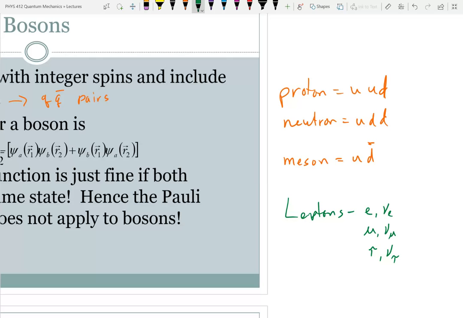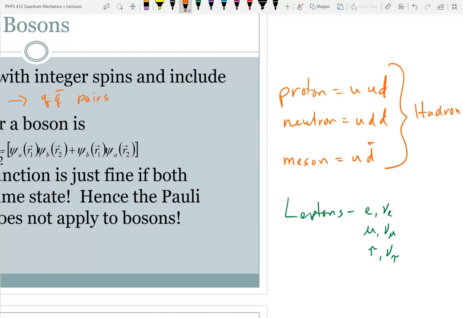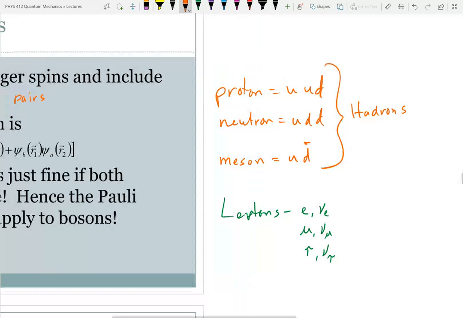Leptons are light particles. The ones that are made of quarks are combined into a category called hadrons. Hadrons are particles that interact via the strong nuclear force. Quarks do. There you have it.